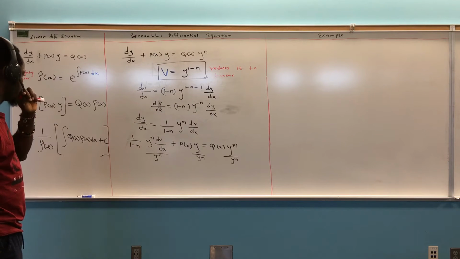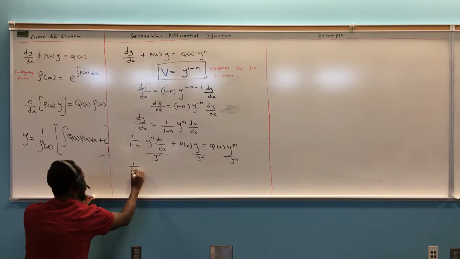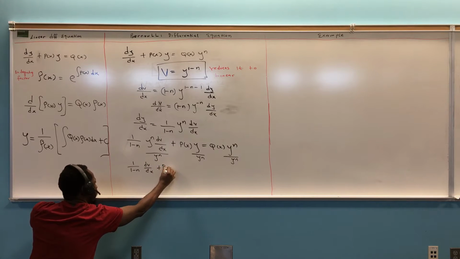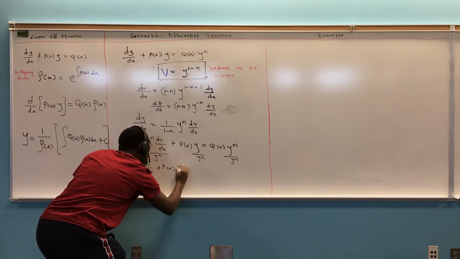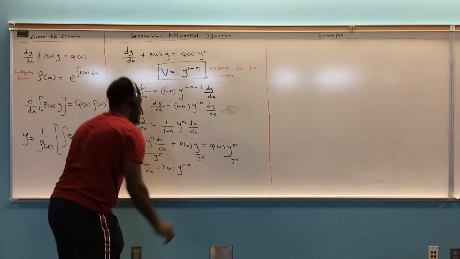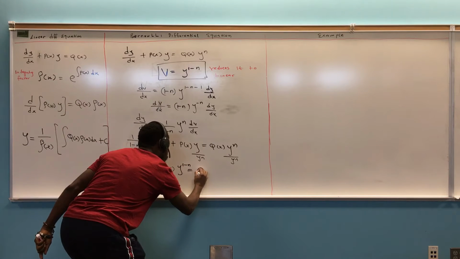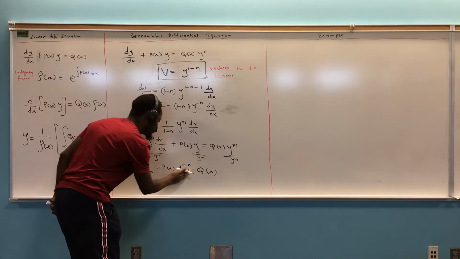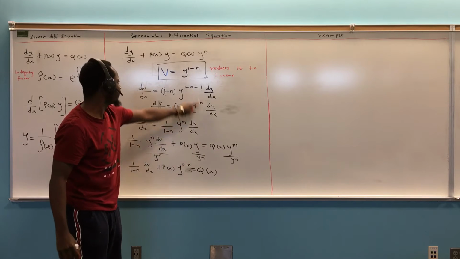When you do that, you end up with 1 over 1 minus n dv/dx plus p of x. By indices, this is y to the 1 minus n, right? And this last part becomes q of x. Remember, y to the 1 minus n is v.